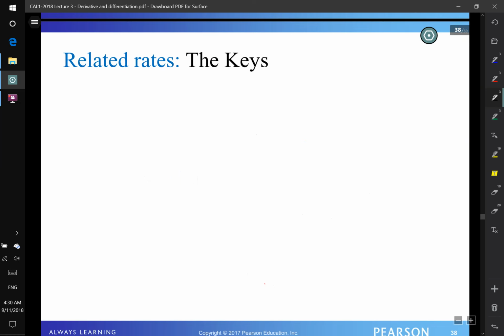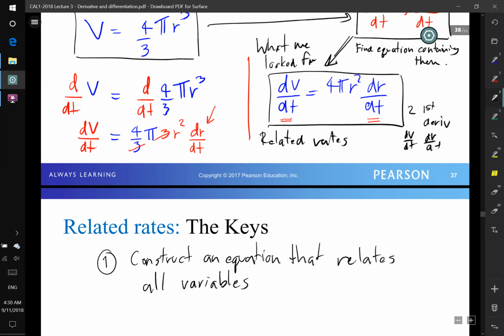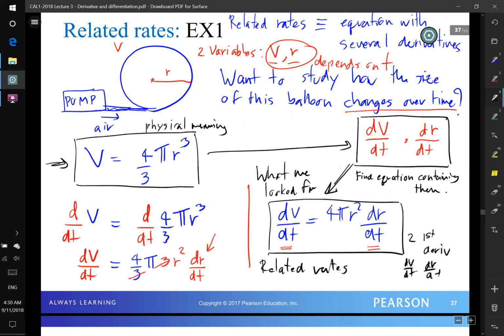When it comes to related rates, the first thing I would like you to do is to construct an equation that relates all variables. In the previous example, it is the equation that relates V to r.